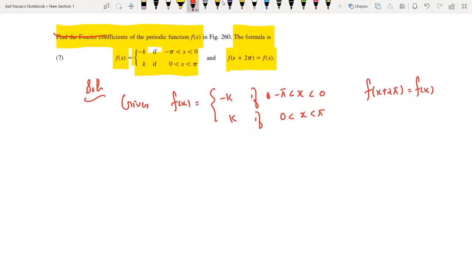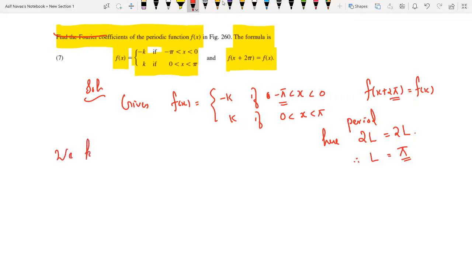So here the period 2L is equal to 2 pi. Therefore L is equal to pi. So here our function is defined from minus pi to pi.